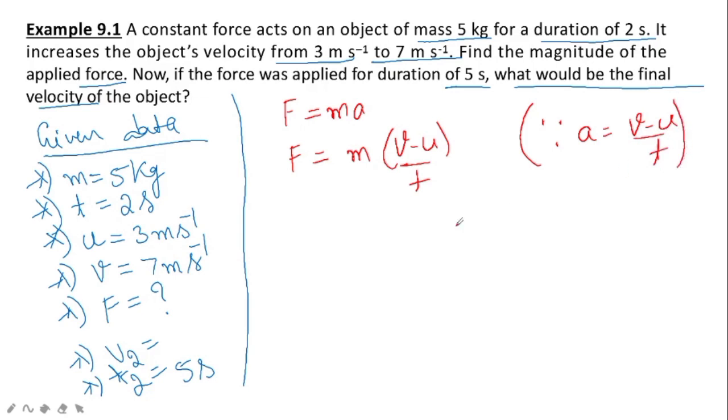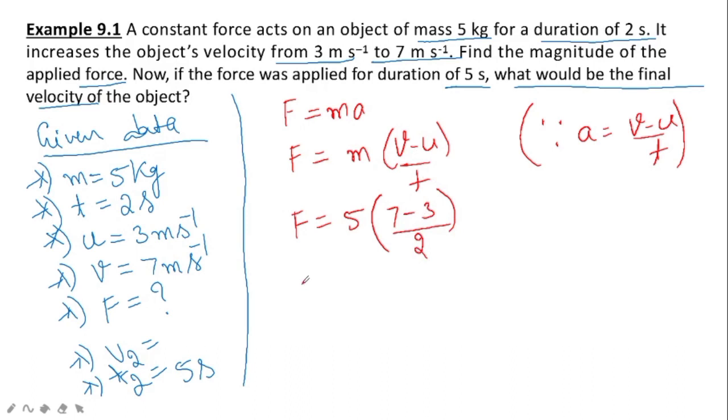Now substitute the values. F equal to m, which here is 5 kg, into v, which is 7, minus u, which is 3, divided by time, which is 2.